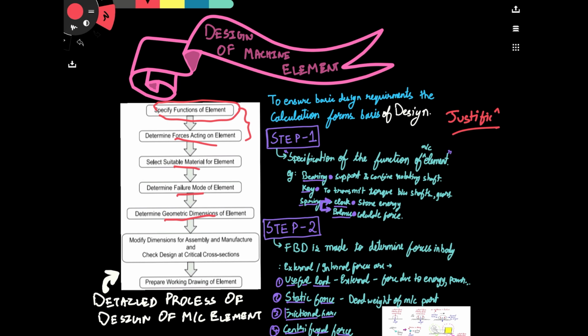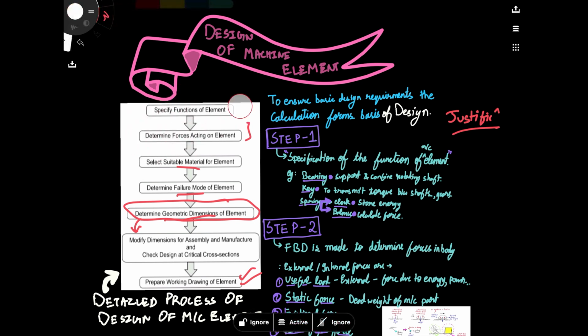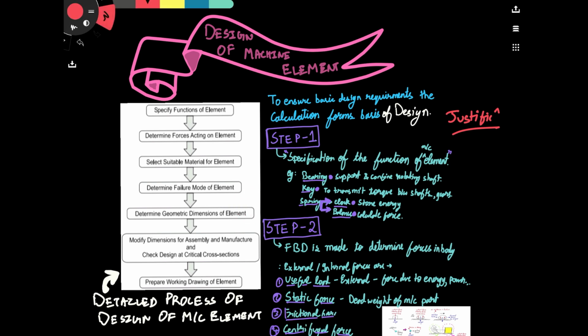Generally people do this at the very start, but it's actually the fifth step in the design procedure. After that we modify the design of the assembly and manufacture it. And lastly we make the drawing so that it can be manufactured across the entire globe. There's no dependency on a particular place.